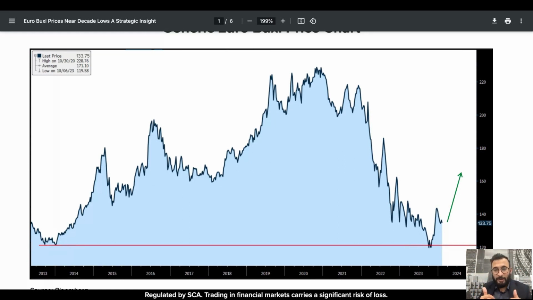When Europe did that, it pushed Germany into recession. The interest rates for Europe especially went to almost 4%. The deposit rate went to 4%. The long term lending rates are around 2.9, 2.1% for the German government.